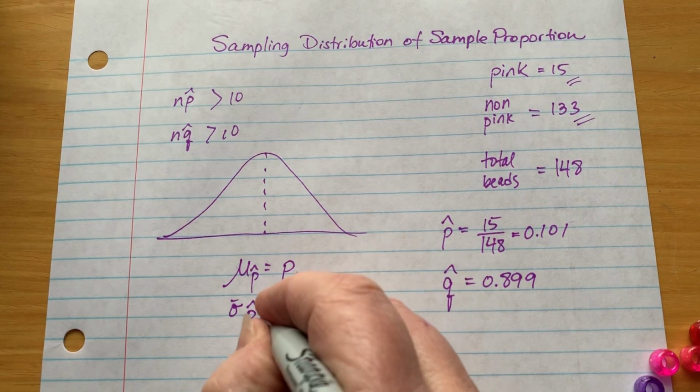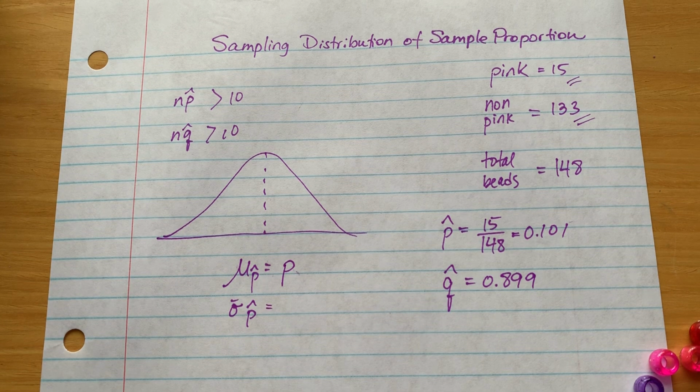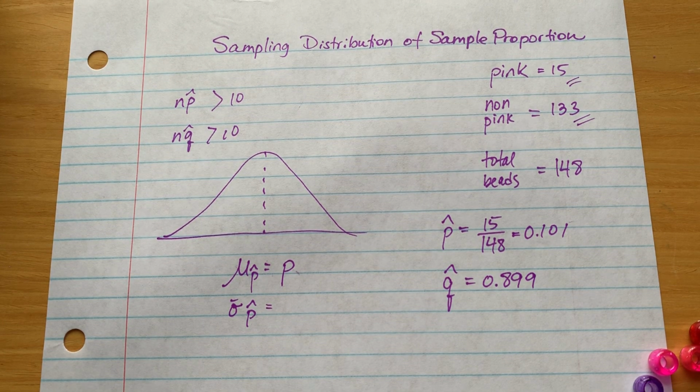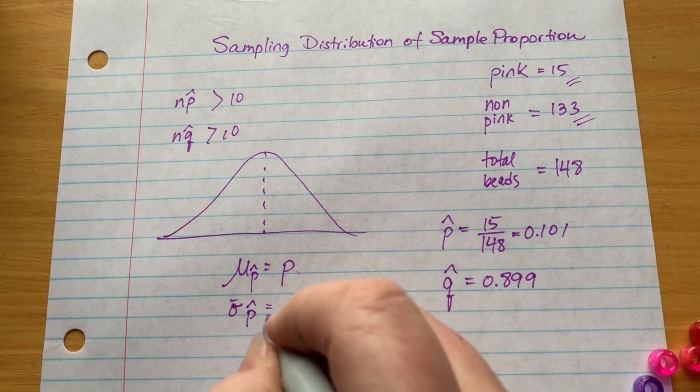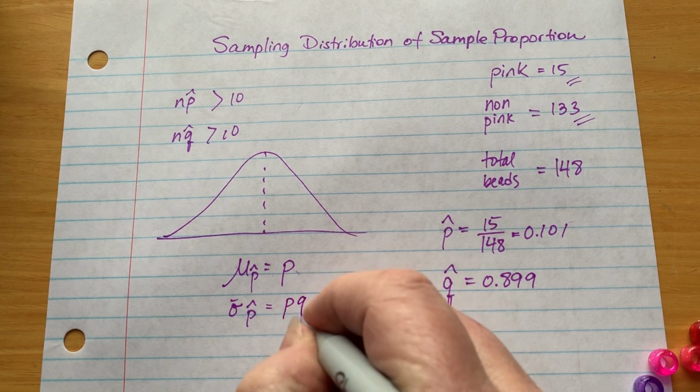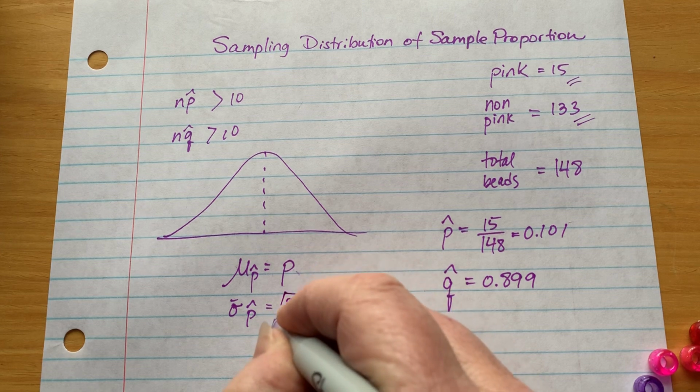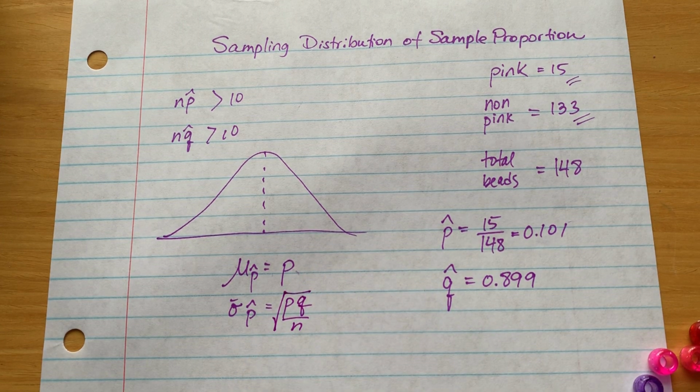As far as the standard deviation goes, it is going to be the square root of pq over n. In practice, we do not know the value of p. If we did, we would not need to construct a confidence interval for it.